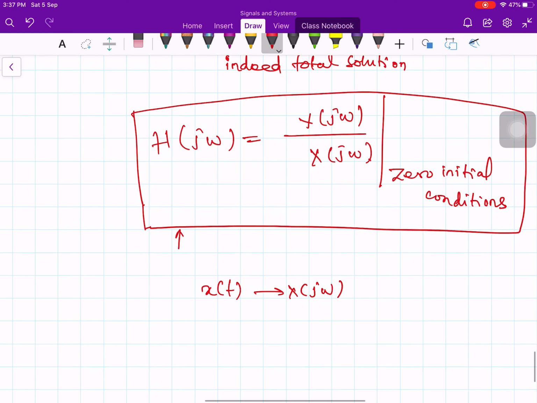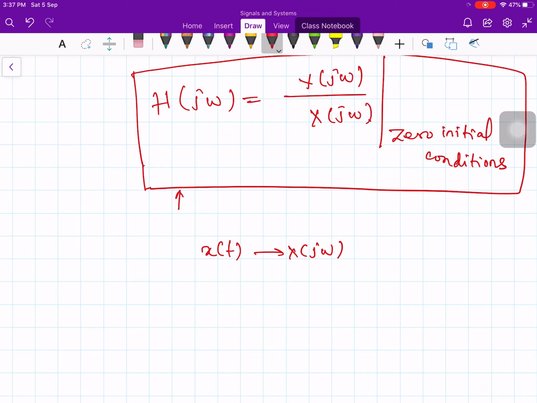So, this is how we can calculate the system function H of j omega, determined in whatever manner you have at your disposal. Multiply H of j omega times X of j omega, that will give you Y of j omega. Find the inverse Fourier transform of Y of j omega, that will give you the output response of the LTI system. That is how it goes.